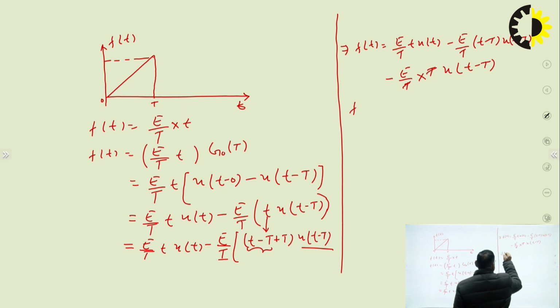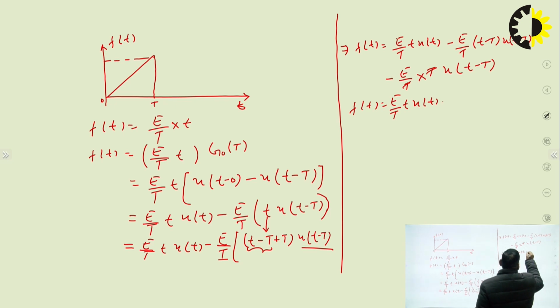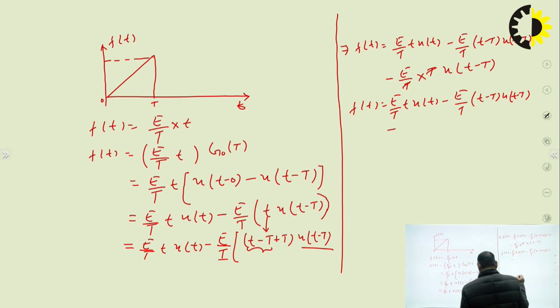So f(t) is equal to (E/T)t u(t) minus (E/T)(t minus T) u(t minus T) minus E u(t minus T).